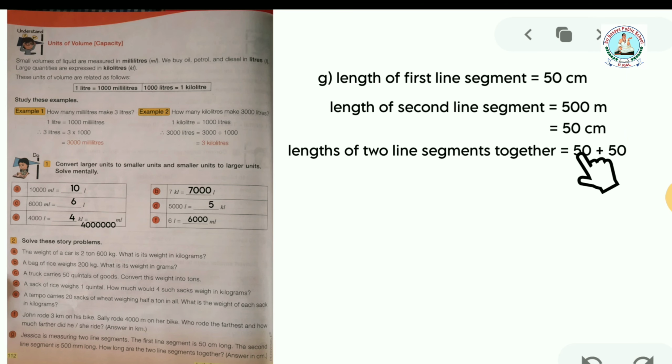This is the length of the two line segments together, because they are asking the answer in centimeter. That is why we have to convert 500 millimeter into centimeter, so that the answer would be in centimeter as well.